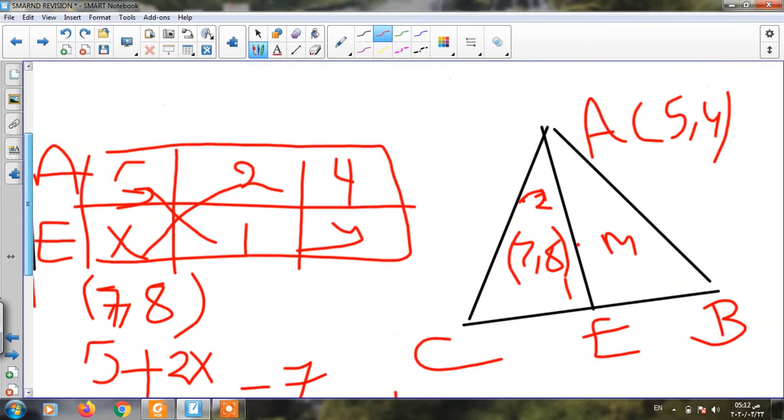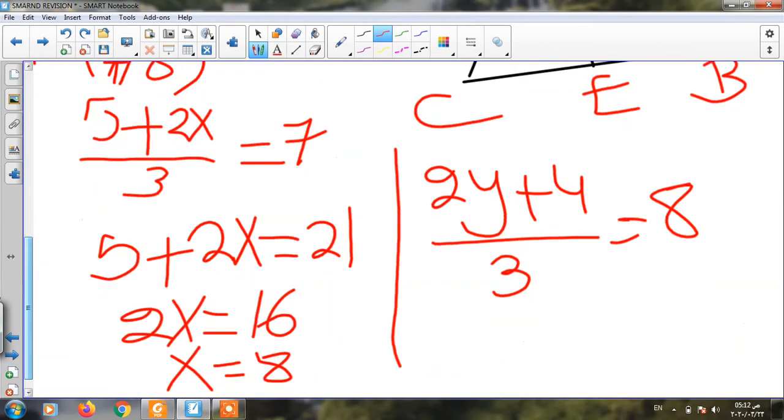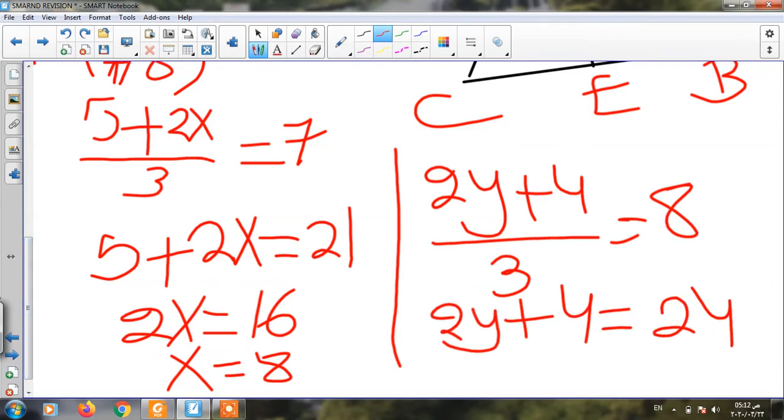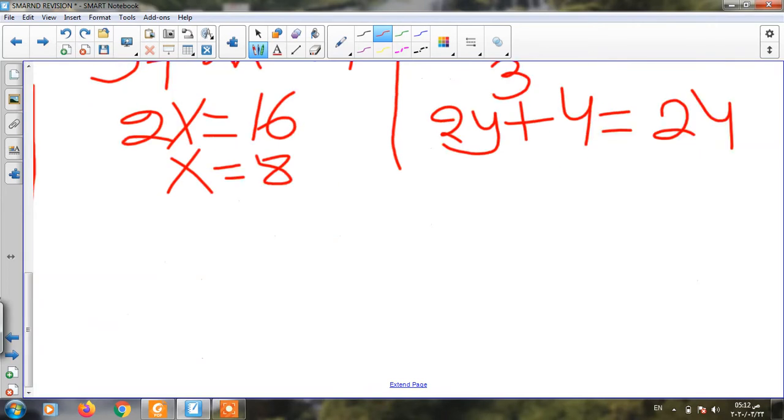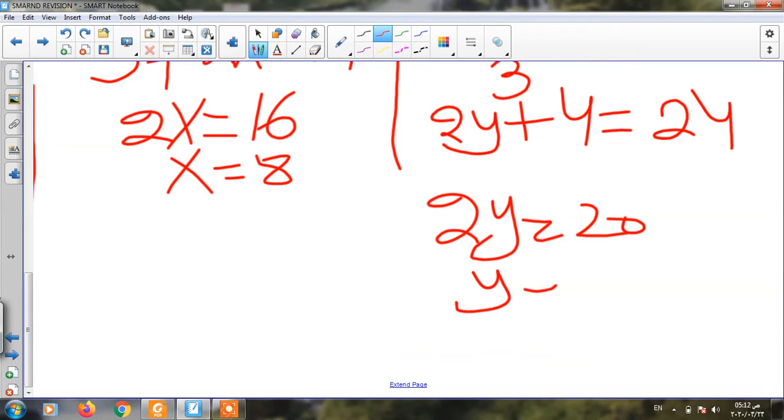So to find Y, multiply 3 times 8, 24. Then 2Y plus 4 equals 24. And then 2Y will be 20, and Y is going to be 10. So the point E coordinates are going to be 8 and 10.